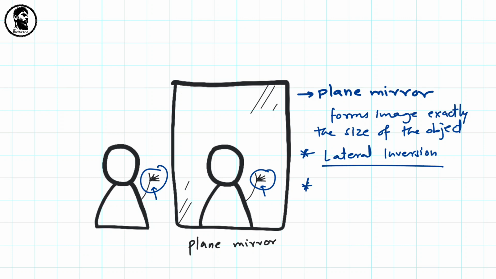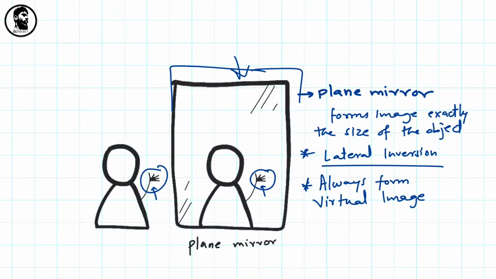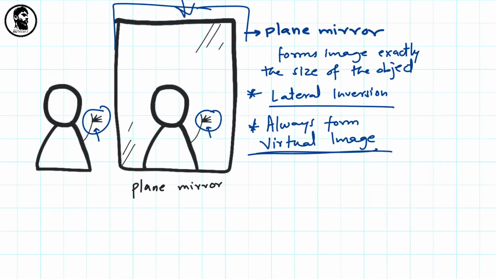Next, the plane mirror, the mirror in which we look every day in the morning to make ourselves beautiful and handsome, always forms a virtual image. Whatever image you see in a plane mirror is a virtual image.